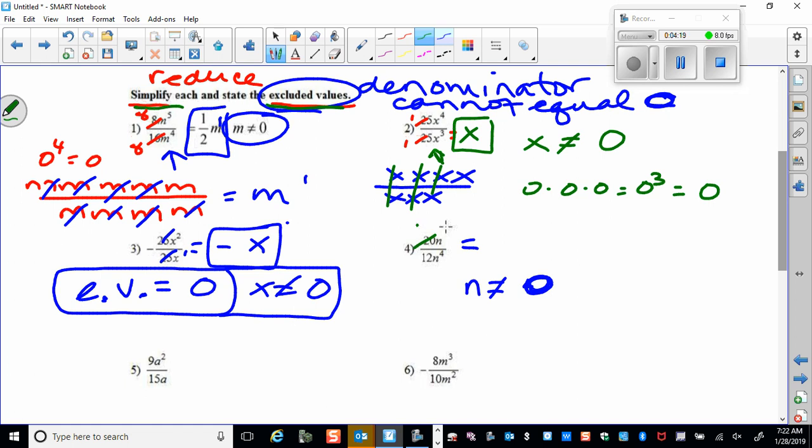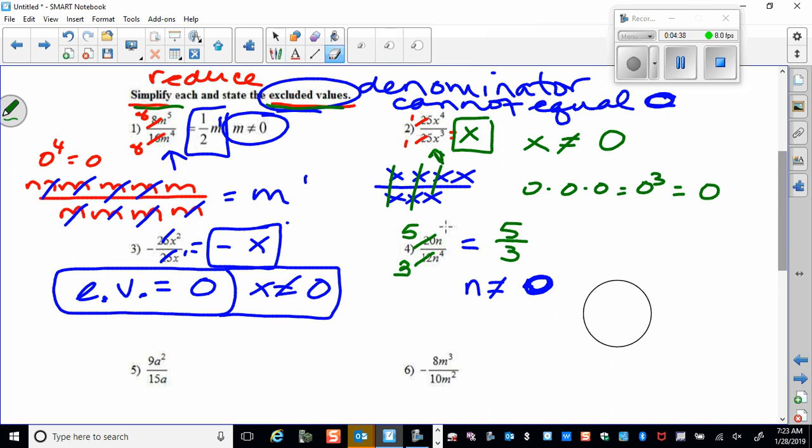So 20 divided by 4 is 5, 12 divided by 4 is 3. All right, so that gives me 5/3, and then my n's, I've got 1 n on top, and I've got 4 n's on the bottom. So I've got n divided by n to the 4th.